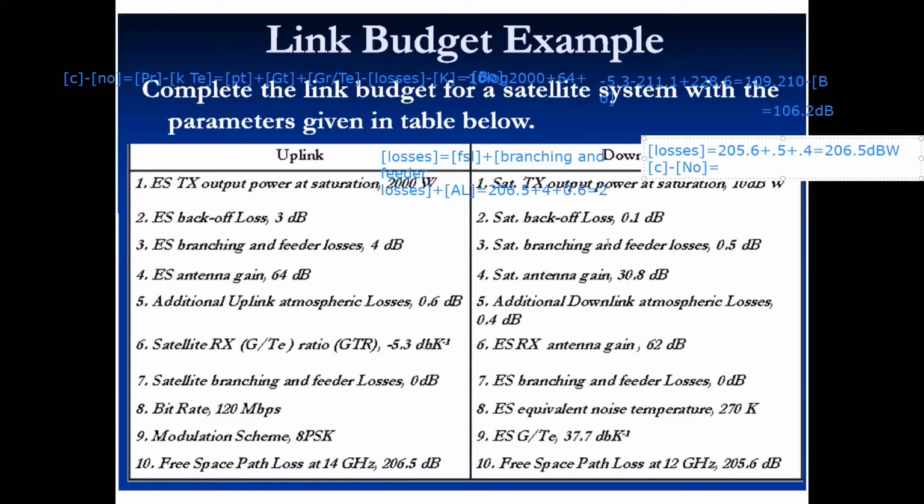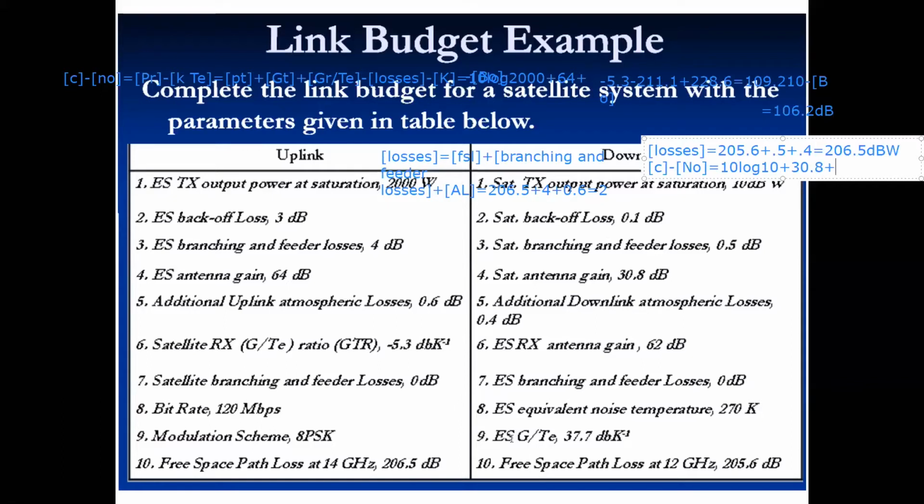Yes, ma'am. Yeah. Now tell me what is this? C by N0 कितना होगा? PTGT कितना आएगा? PTGT means 10 log of 10 dB watts है 10 plus what is the satellite antenna gain? 30.8, right?